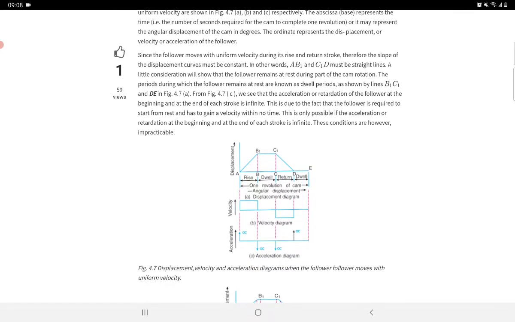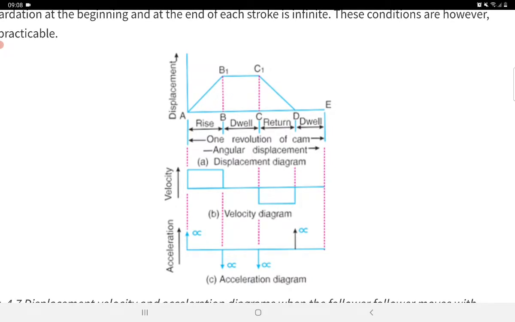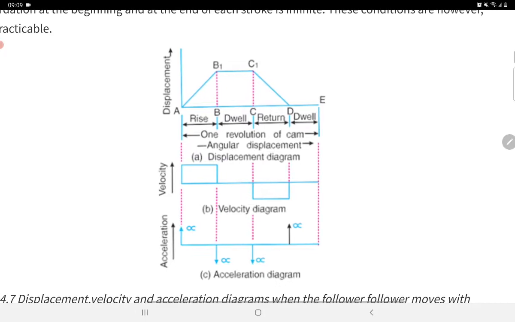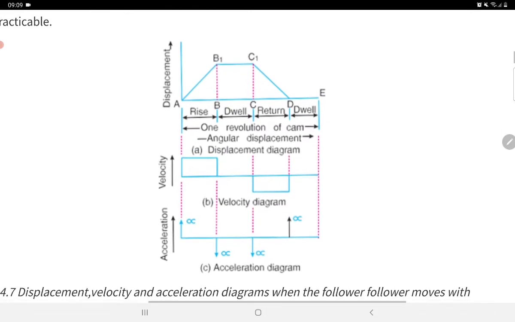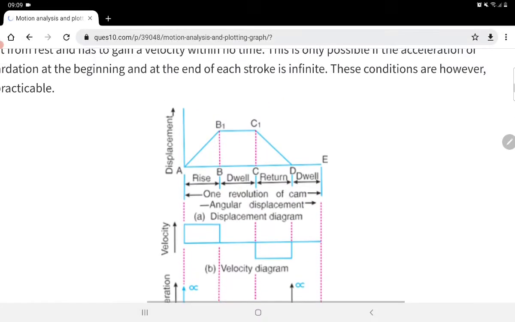So here in this picture you will see these three graphs. Graph A is the displacement diagram, graph B is the velocity diagram, and graph C is the acceleration diagram.